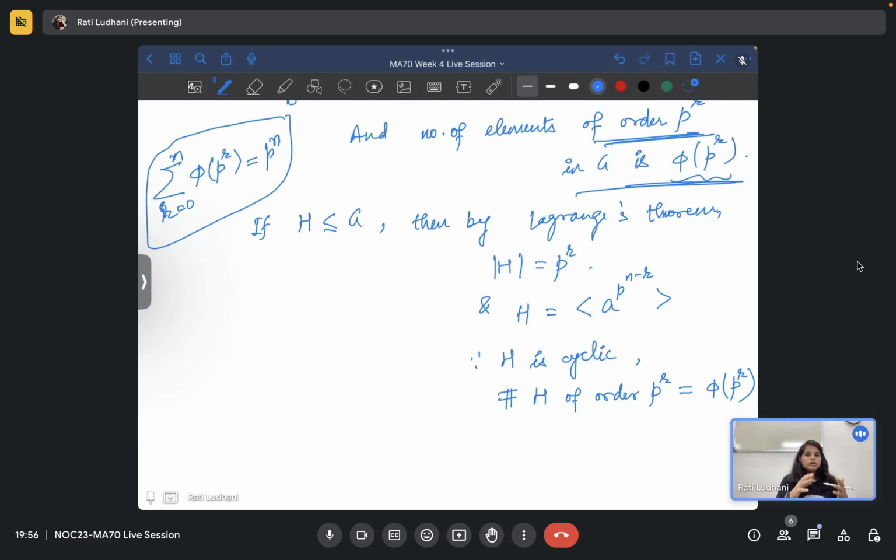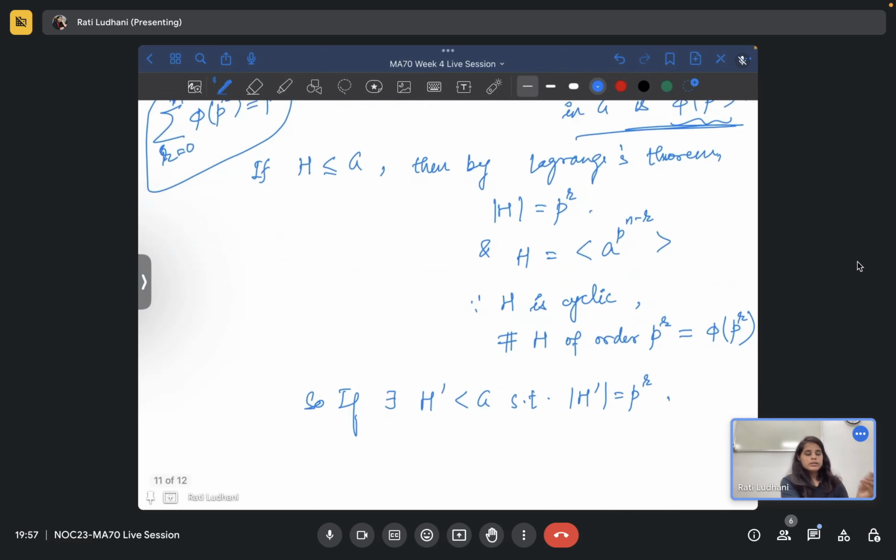So if there exists any H dash, a subgroup of G, such that the cardinality of H dash is again p raised to power r, if there exists any other subgroup of the same order p raised to power r, then it already uses these phi of p raised to power r elements.